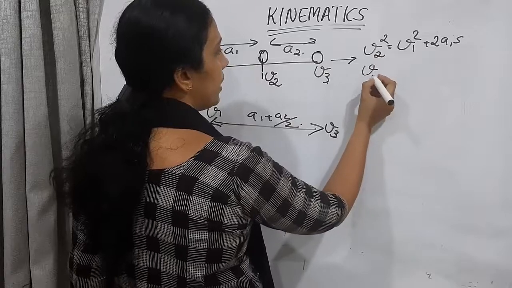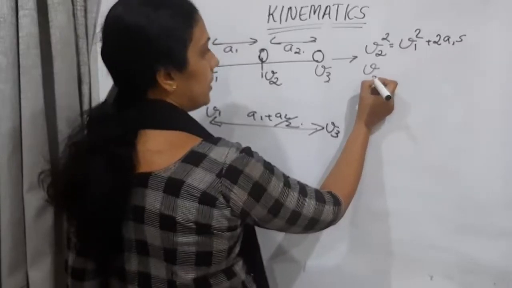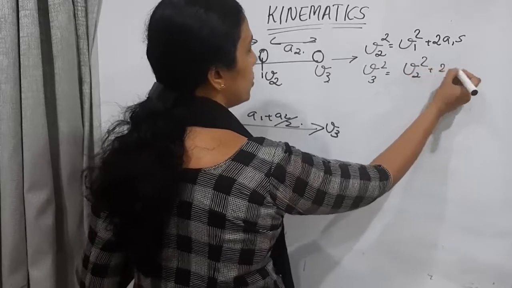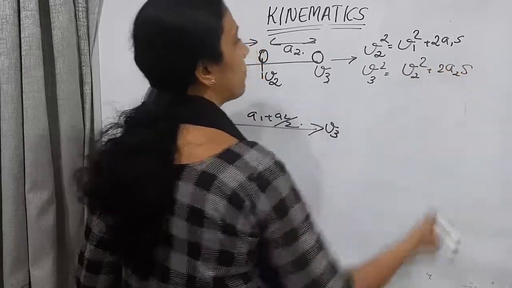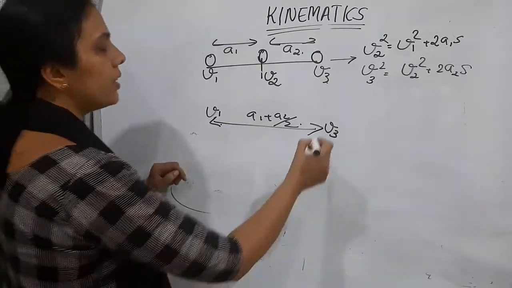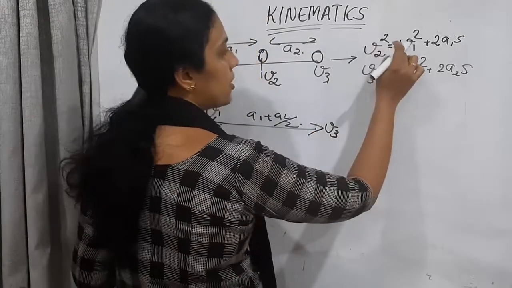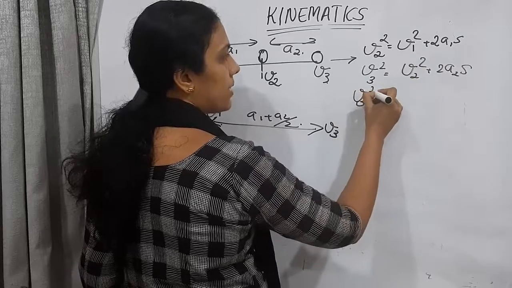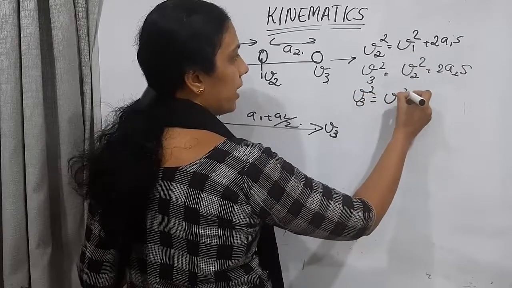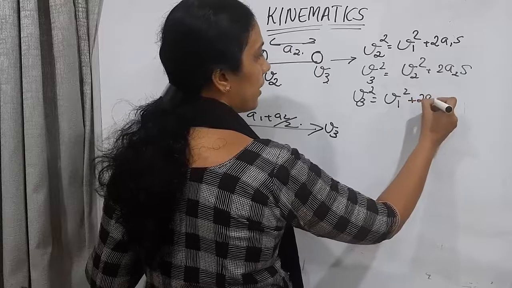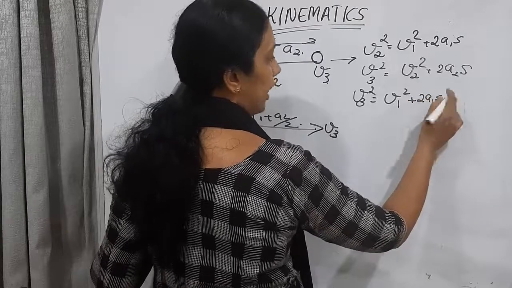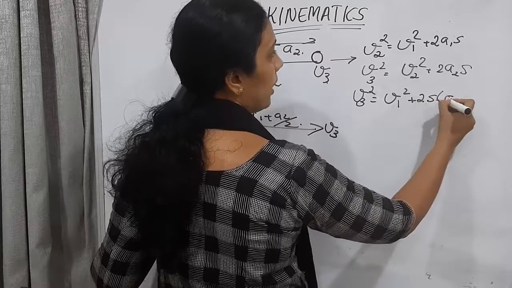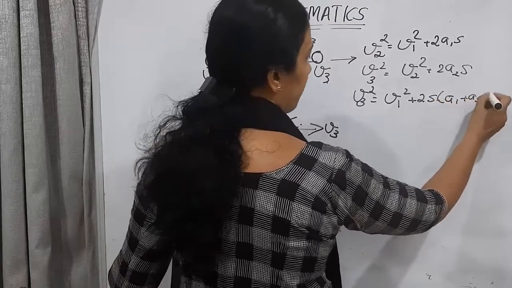And then v3 squared equals v2 squared plus 2 a2 into s. Okay, this is the first equation. In this, instead of v2 squared, I can substitute this value, right? Therefore, v3 squared equals v1 squared plus 2 a1 s plus 2 a2 s. So, combining, we can write it as 2s into (a1 plus a2).